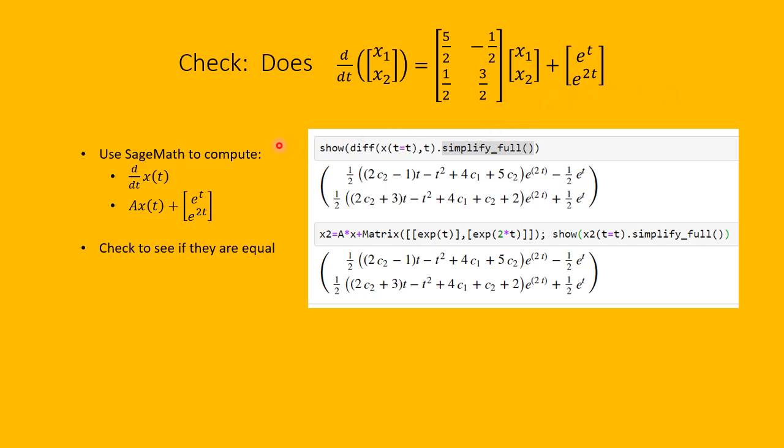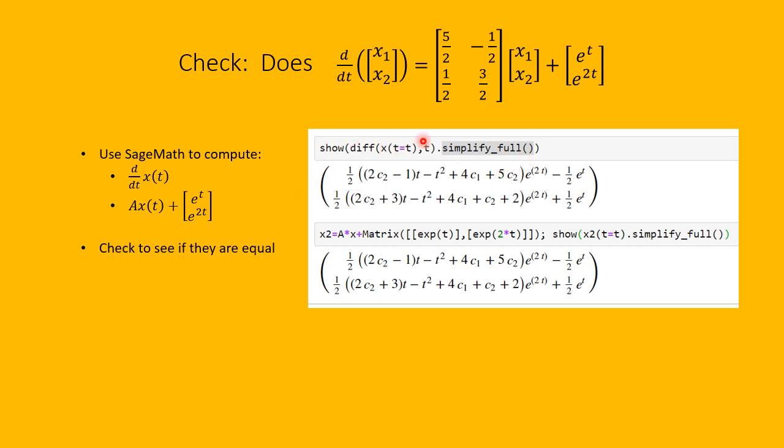To reiterate, we'll compute the left-hand side, which is the derivative with respect to t of x of t, and the right-hand side, which is this stuff, and then use our eyeballs to compare them.